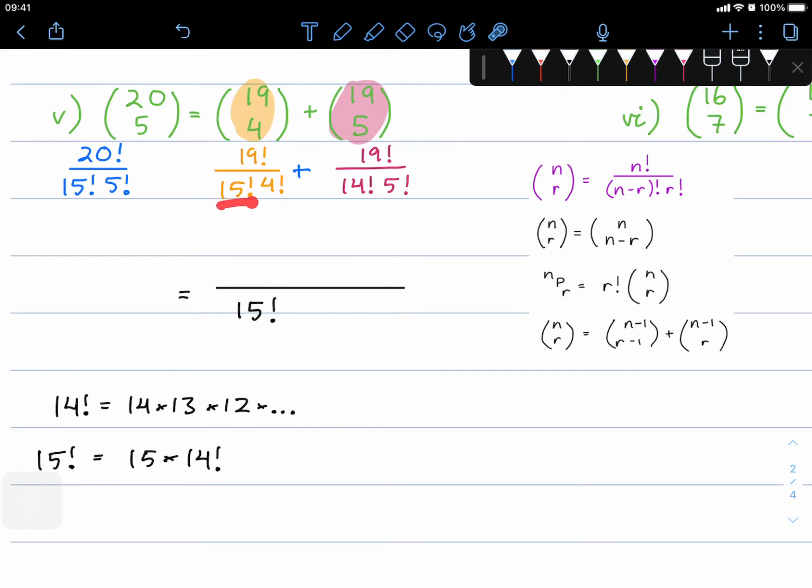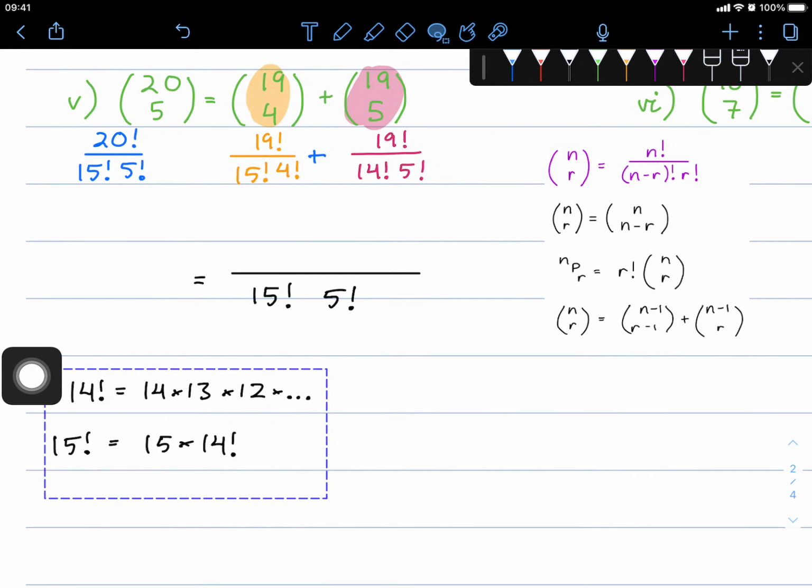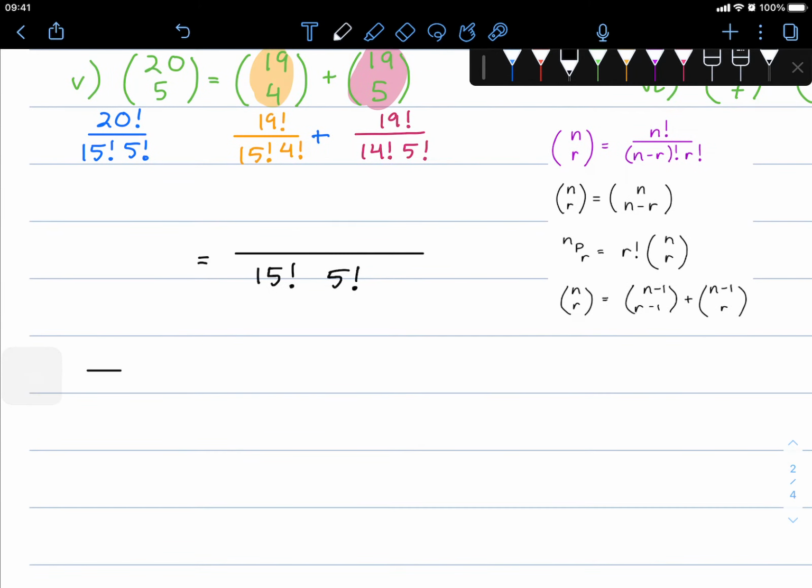So these two are going to become 15 factorial. Likewise, these two, for the exact same reason, are going to become 5 factorial. Okay? So now, just to compare this, in case you're still confused, let's say we had two fractions, doesn't matter what they are, something over 3 plus something over, let's say, 6.